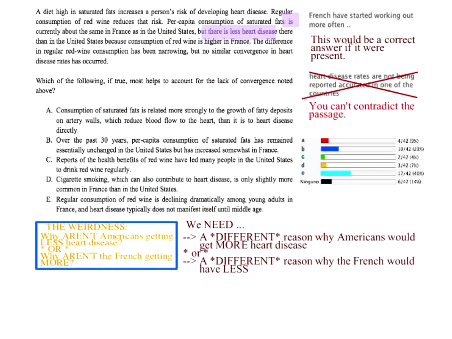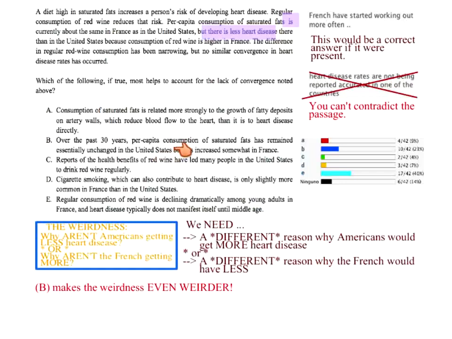Like, B makes what's weird about this passage even weirder. Because remember, what's already going on is that we would expect the French to get more or Americans to get less heart disease, but something is working against that. We're looking for something that would lower the French rate or that would raise the American rate.